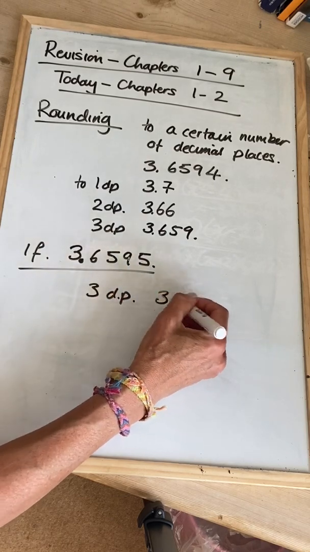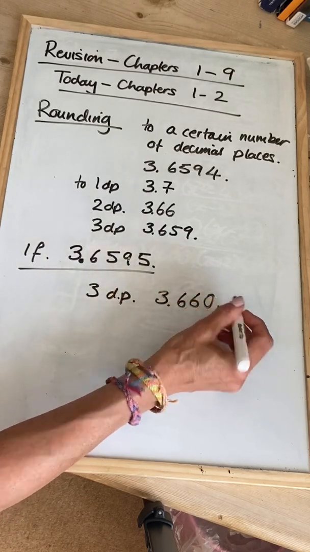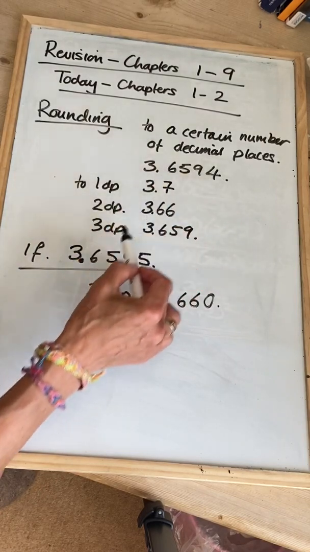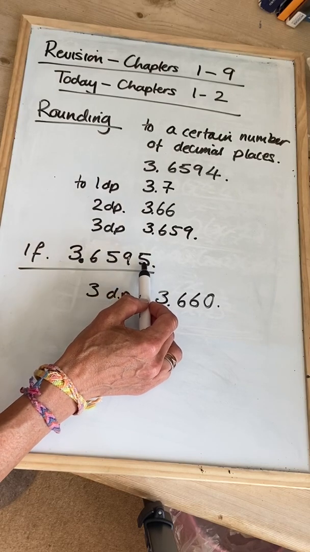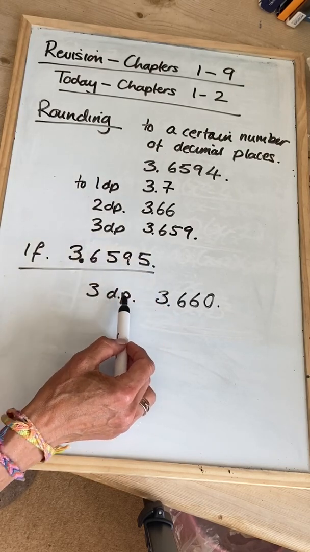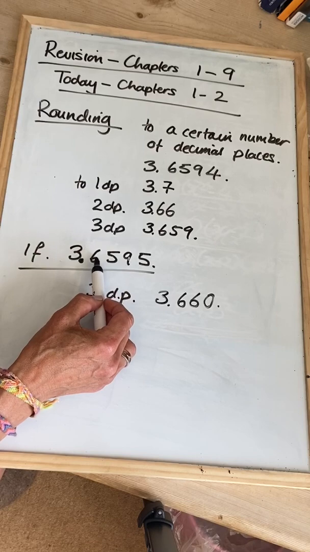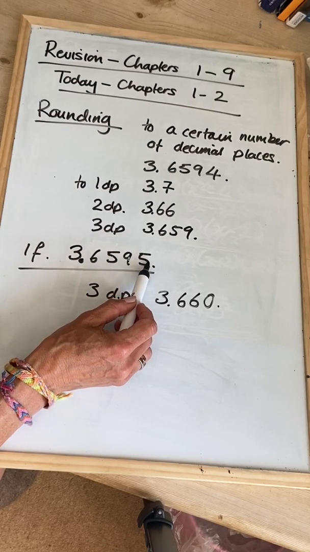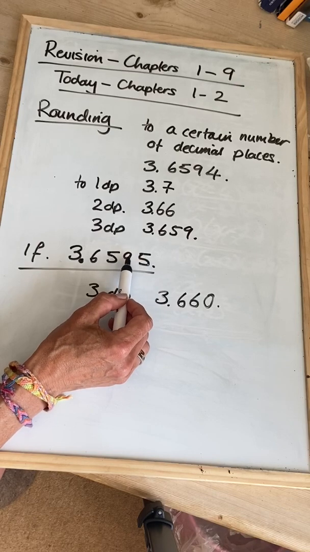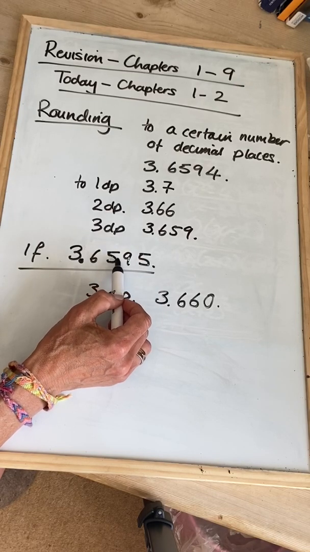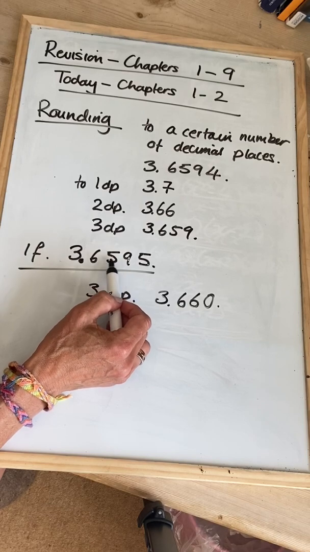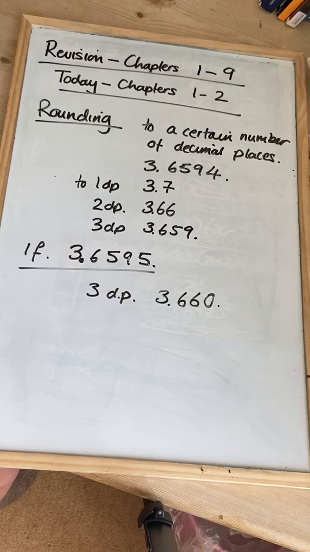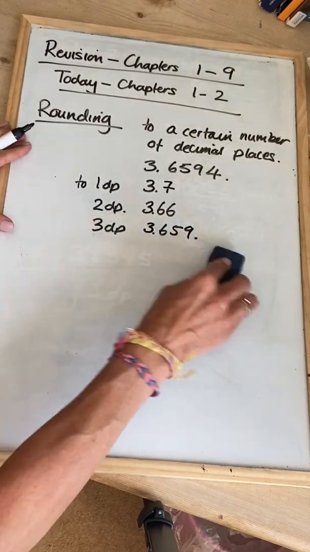So it would be 3.660. So just to recap, if it had been 3.6595, when I'm rounding to 3 decimal places, I take a peek at the 4th decimal place, it tells you to round up. So that's got to become a 0, that's got to become a 6, yeah? So it's going from 59 to 60, effectively. Okay, so rounding to a certain number of decimal places, you should be fine with.